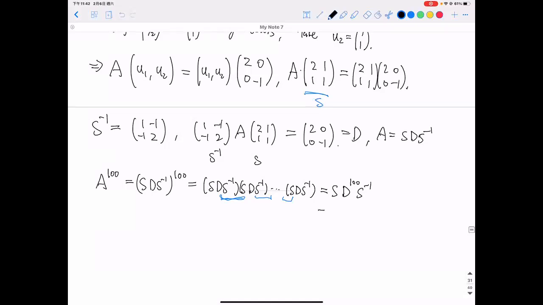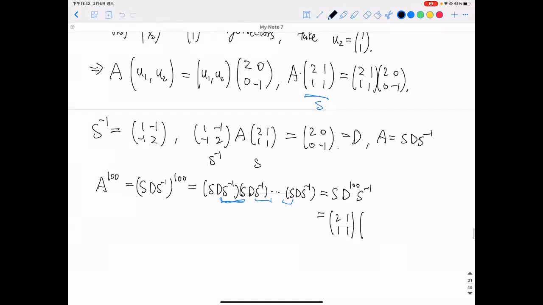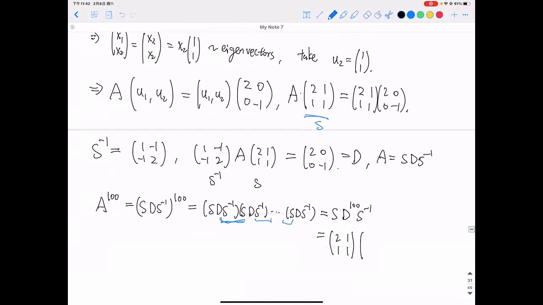Now, this is simple to compute because first we know what S and S inverse are. S is this. D is this guy.